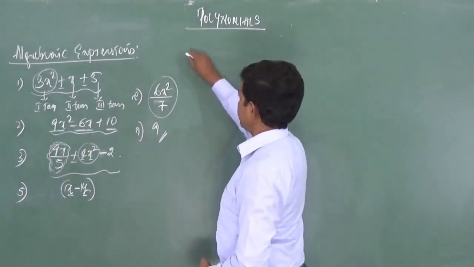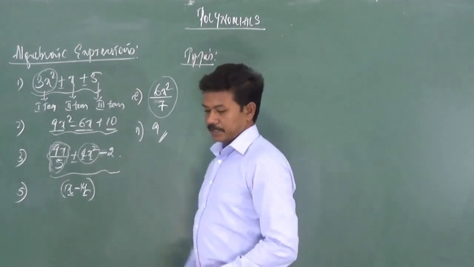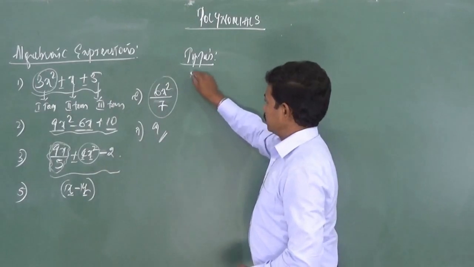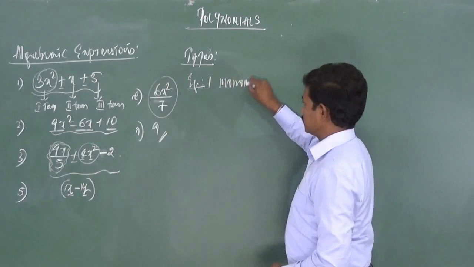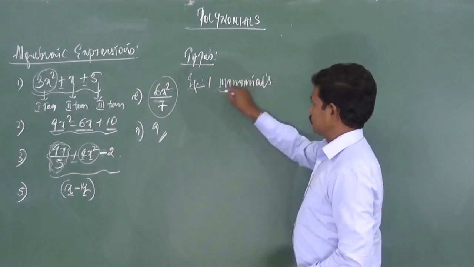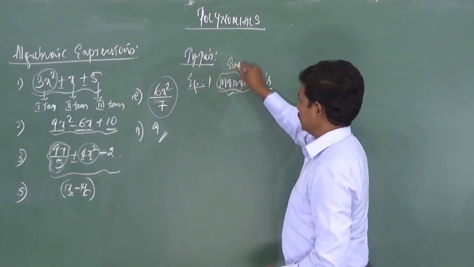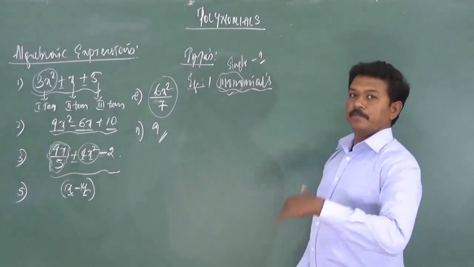Now we will go with the types of algebraic expressions. Example 1, monomials. Mono means single, that is, mathematically 1. So what is a monomial?